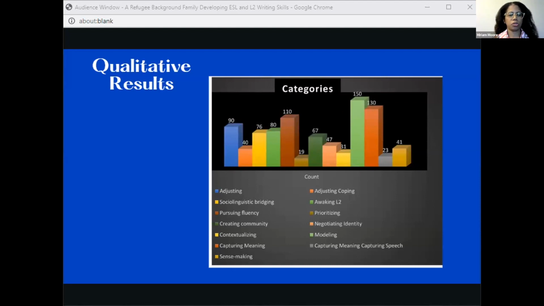Those codes were connected to belonging rather clearly, but it wasn't immediately clear that the categories that came from coding writing, such as awakening L2, pursuing fluency, modeling, the one that's like mimicking, and sense making, were also connected to belonging. The key to these categories was the way that they wrote.